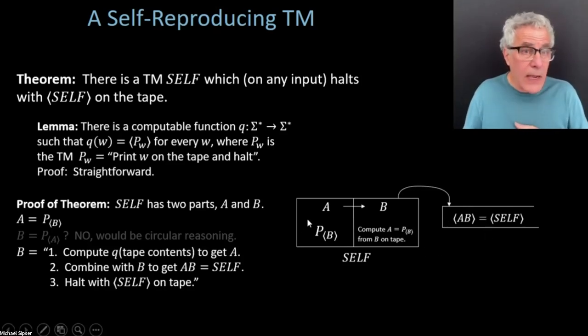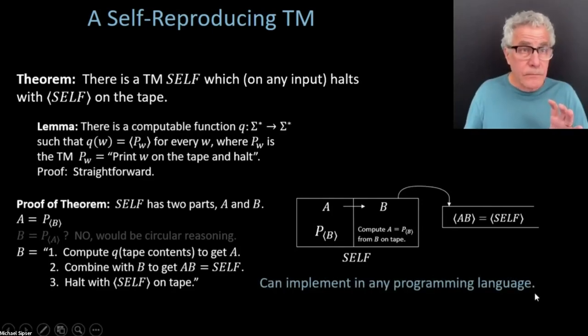A, now, you need to know what B is in order to obtain A, because A has the code for B embedded within A as a string. So first you produce B, then you can obtain A. There's nothing circular in this argument. I don't know if that's helpful to you, but you may need to mull it over, or maybe it'll be helpful from the next slide. So let's go there now.